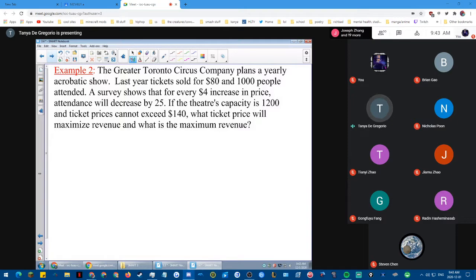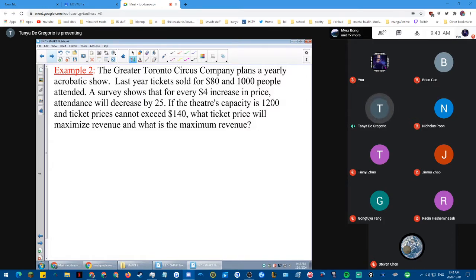Okay, example 2. The Greater Toronto Circus Company plans a yearly acrobatic show. Last year, tickets sold for $80 and 1,000 people attended. A survey shows that for every $4 increase in price, attendance will decrease by 25. So 25 fewer people will come every time you increase the price by $4.